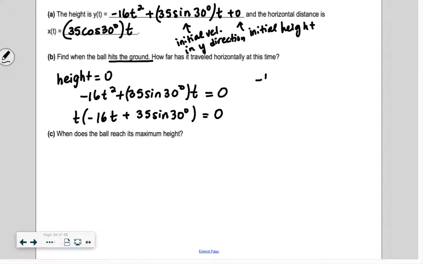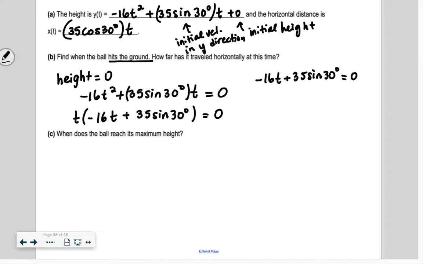So we're going to set it equal to 0, so negative 16t plus 35 sine of 30 equals 0. So I'm going to take that 35 sine of 30, make sure you're in degree mode. So if I subtract it over, I have my negative divided by negative 16, so divide by 16.